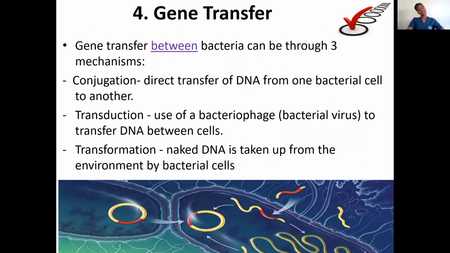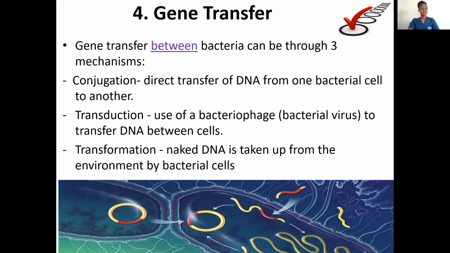So our fourth objective was on gene transfer. Basically gene transfer, just from the word, refers to transfer of genes between bacteria, and it's mainly through three mechanisms. The first one is conjugation, whereby we have direct transfer of DNA from one bacterial cell to another.